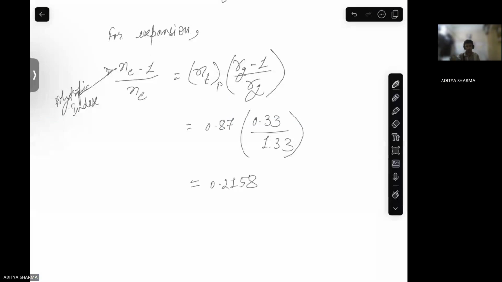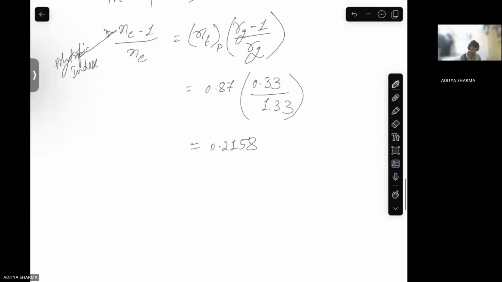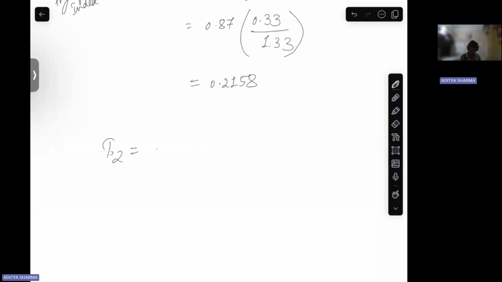Now, for question number 5, we will come back to T02. T02 is T01, T01 is 288 given to us, into pressure ratio 1.56. So I'm placing values in this expression which we have written.